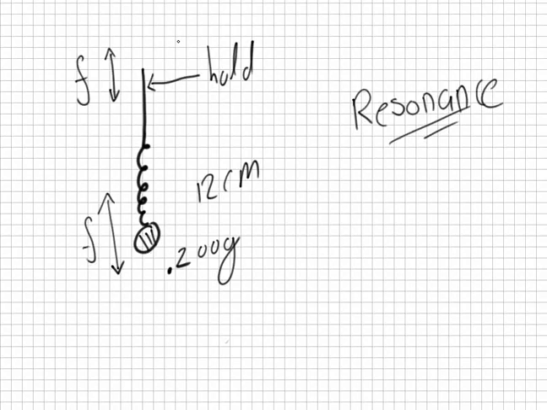Okay, so for example, if your spring is going, let's say 1 per second, so it's going 1, 1, 1, 1 like this, okay? And then if you hold the top of it and you do the same thing, move it up and down, then the result is it'll still go 1, 1, 1 here, but it'll go twice as far.